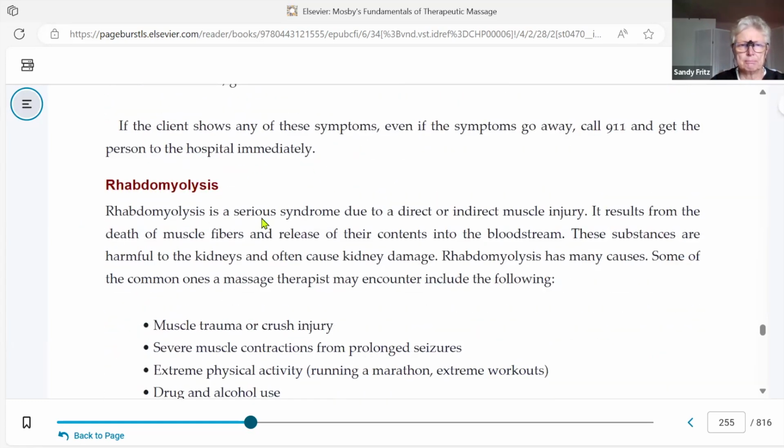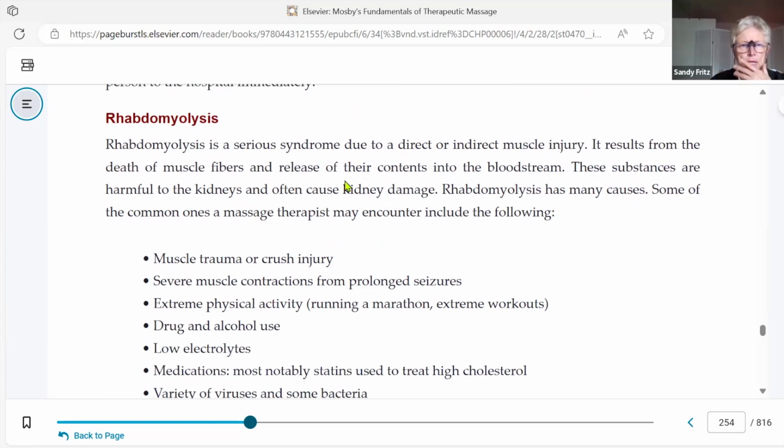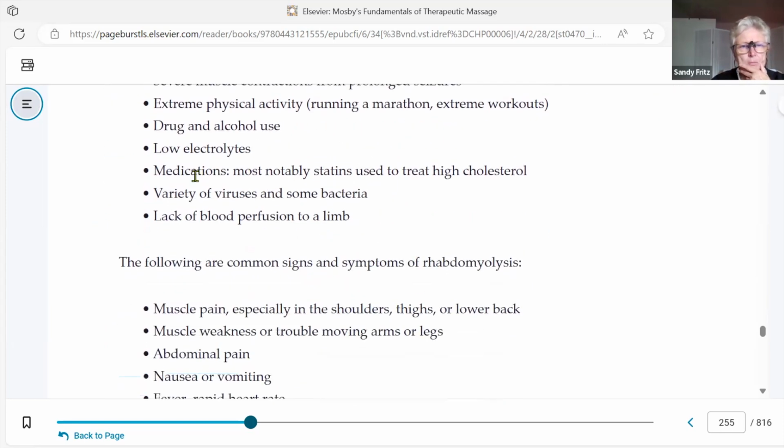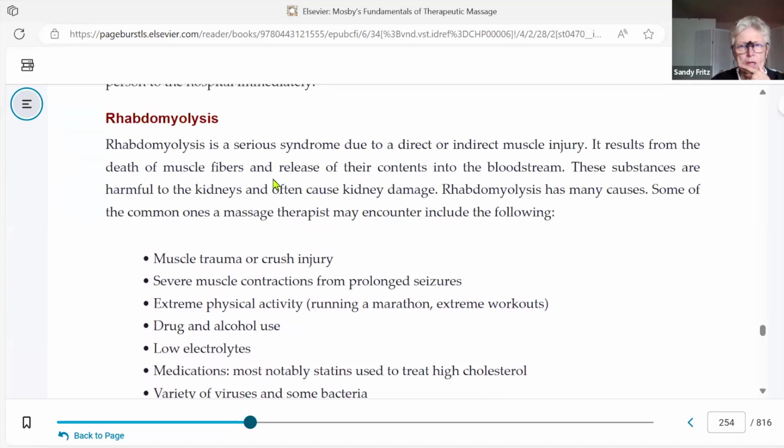Rhabdomyolysis, rhabdo for short. This is more common than one would think, and it has to do, it's a poisoning.